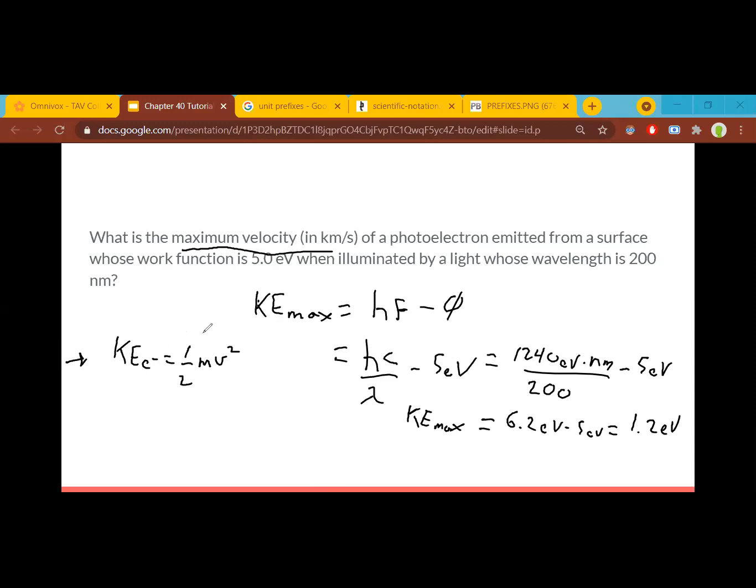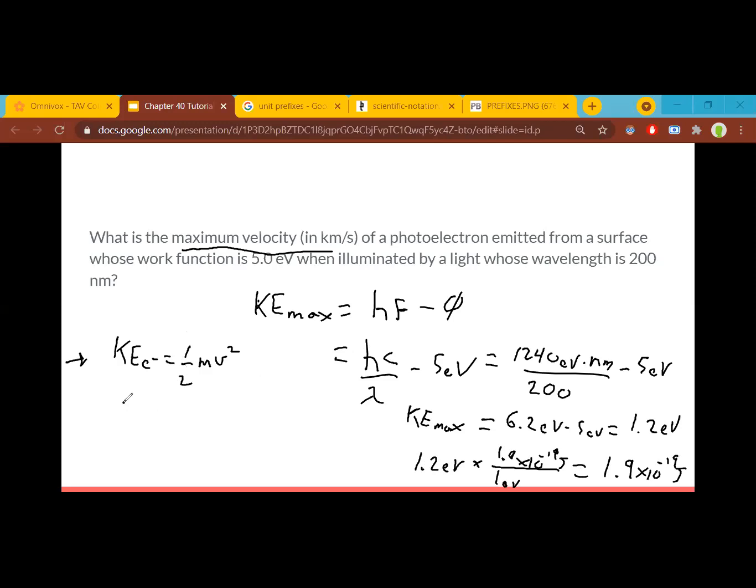Because if we don't do that, the units will not work out. So remember, the conversion between electron volts and joules is that 1 electron volt is equal to 1.6 times 10 to the negative 19 joules, which will give us 1.9 times 10 to the negative 19 joules.